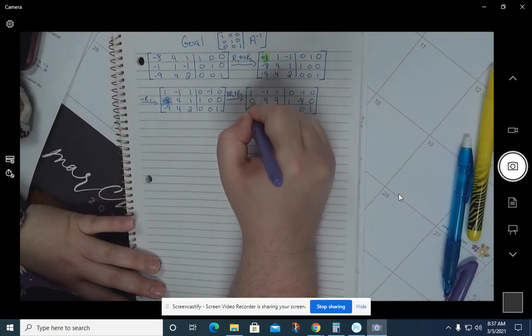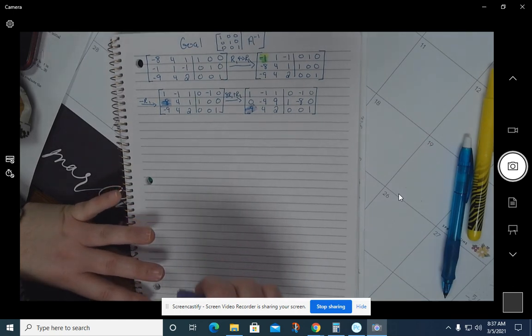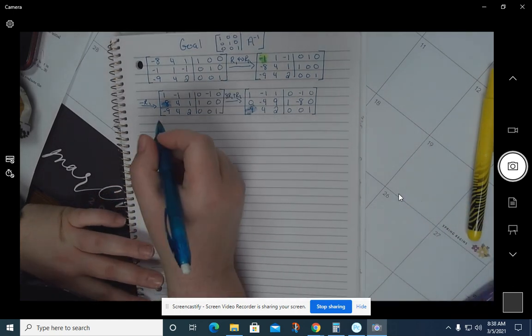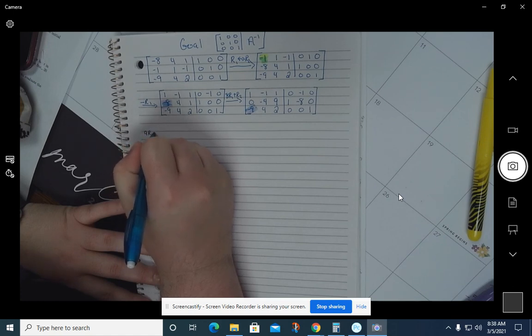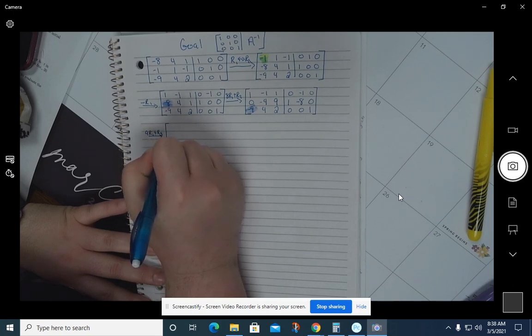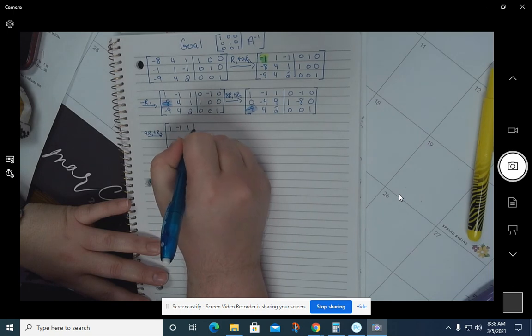My next step is to get rid of this -9. I'm going to do the same thing: take 9 times row 1 and add it to row 3. Rows 1 and 2 are staying the same.